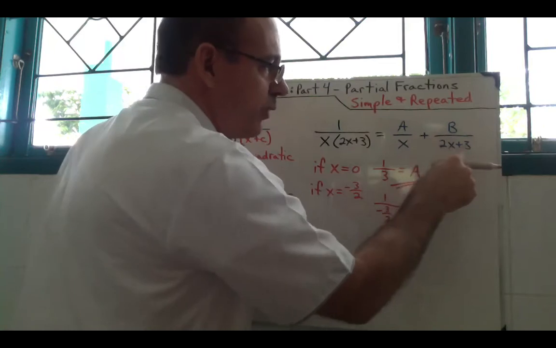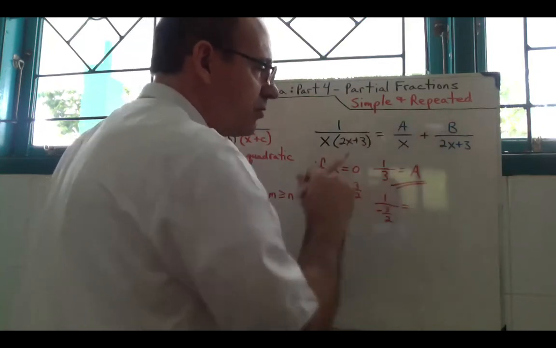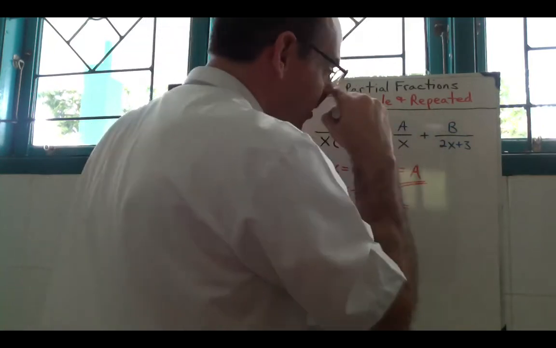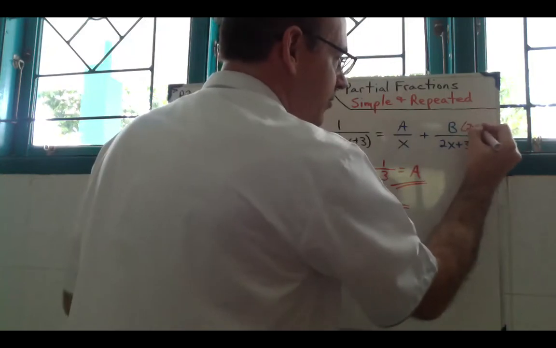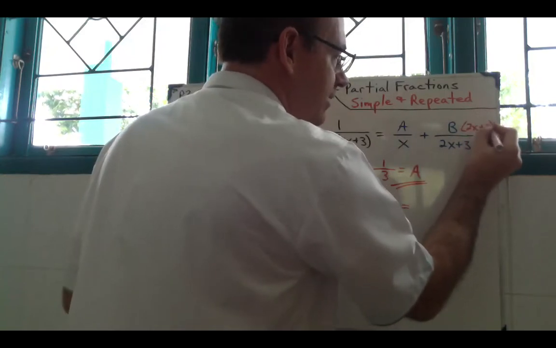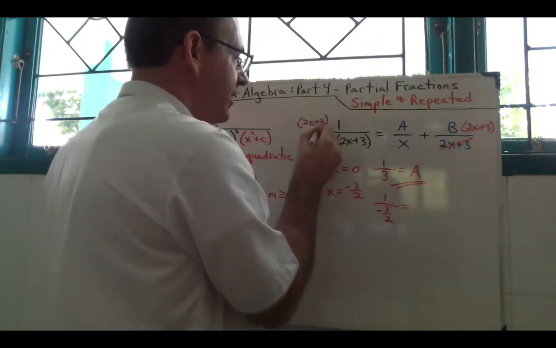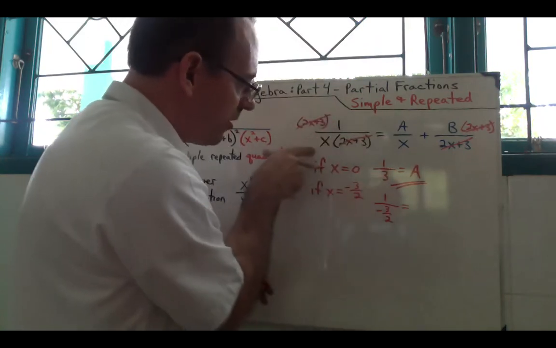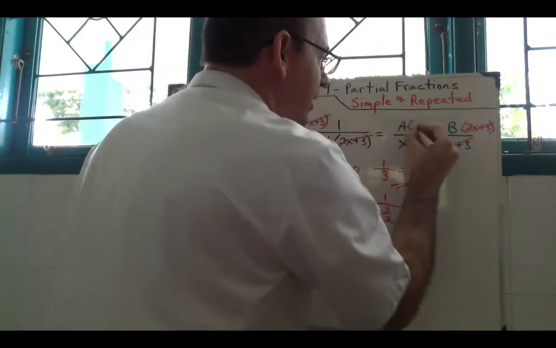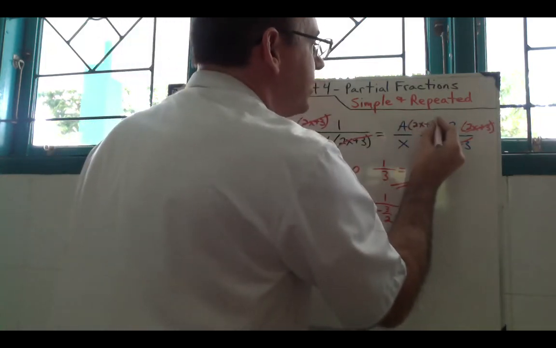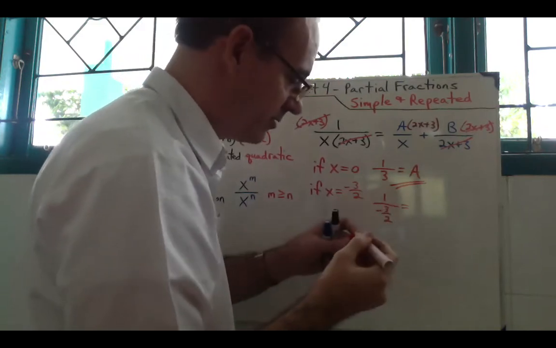So if we plug in what makes that 0, this all goes away. If you need to see it, remember 2x plus 3, that canceled. Again, try to do this mentally, so all that you have is this, and you have 2x plus 3. I got my markers mixed up.